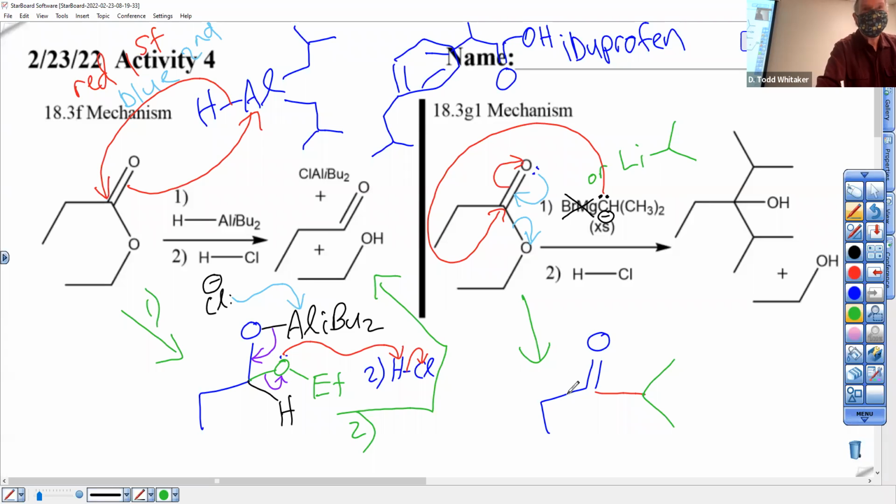They will react first. I'm missing a carbon? Nah, because I rotated it. That's what happened. And then we need a second isopropyl anion. There's excess, so don't worry. Don't ask where it came from. It was there.